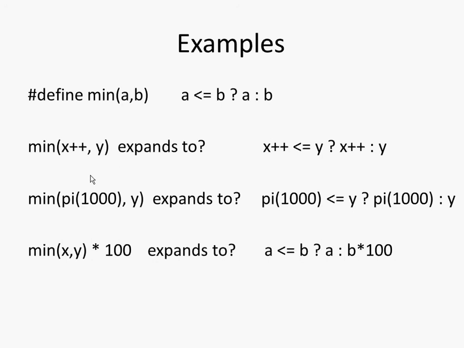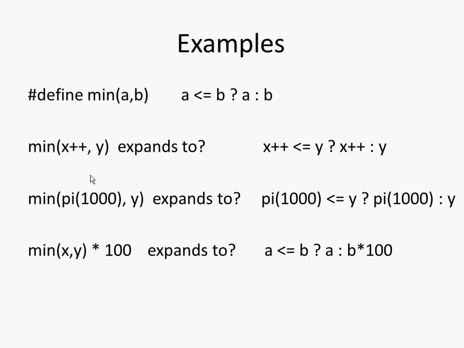Now, that's one concern, the correctness concern, and that's the deepest sort of concern. There's another correctness concern shown at the bottom. I should have organized these correctly. So what's the concern here? So I have min of x and y times 100. If min is just defined in this way up there, why is this a problem? Min of x and y times 100.